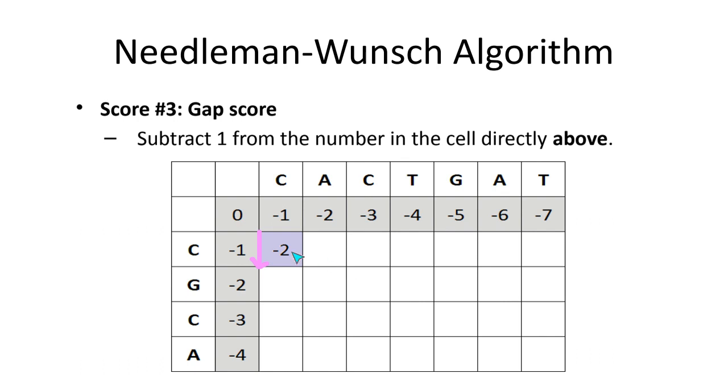Since we're putting a gap in for this movement, we subtract 1, and since we're moving vertically, the score that we're adjusting is the score that is vertical from us. So the number that we're starting with is a -1. We subtract 1 from it, we get a -2. We have now calculated our 3 numbers.